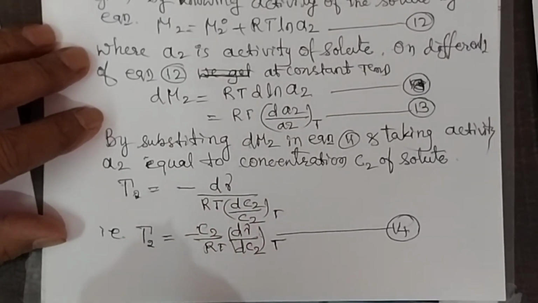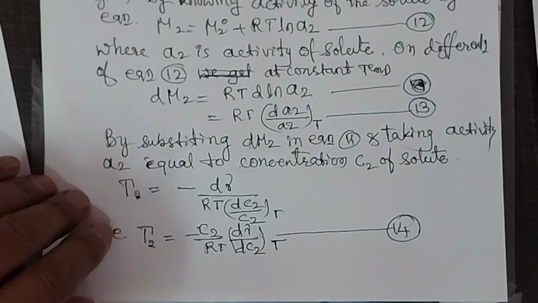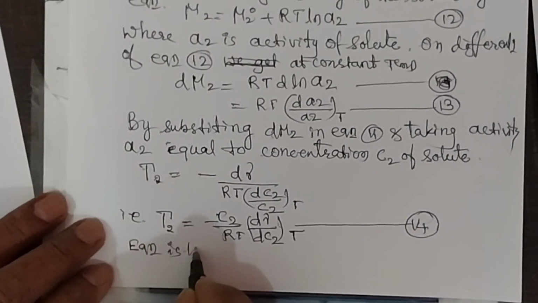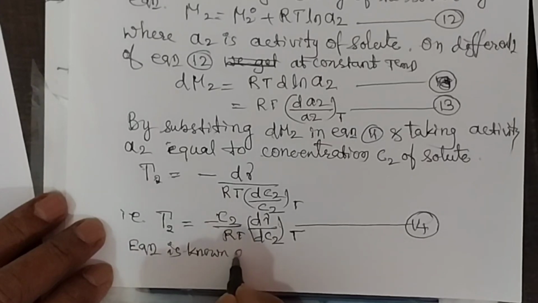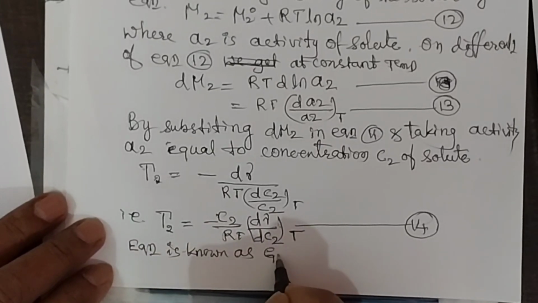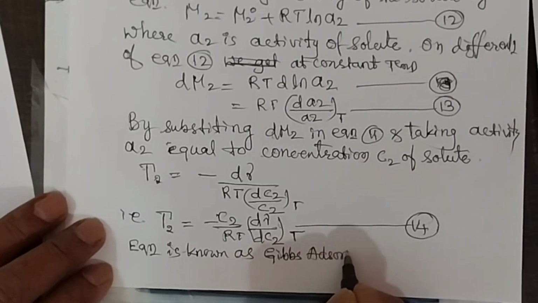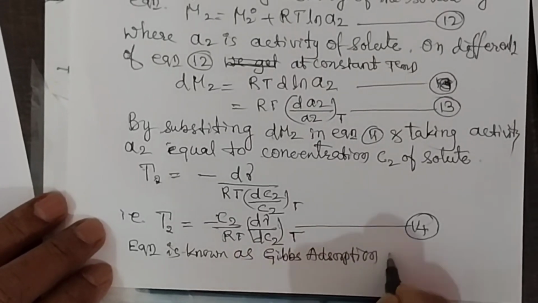This is at constant temperature. Equation 14 is known as Gibbs adsorption isotherm.